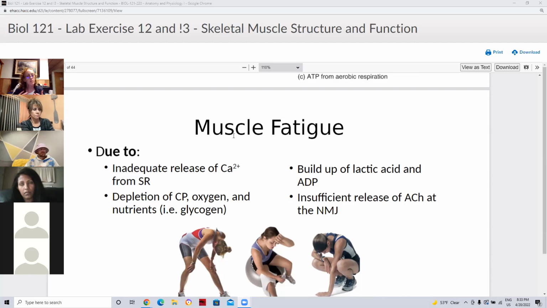Eventually, it's going to slow down. Another one is depletion of creatine phosphate, oxygen and nutrients. So we're running out of glucose, we're running out of creatine phosphate, and we're running out of oxygen. So muscles are going to fatigue.